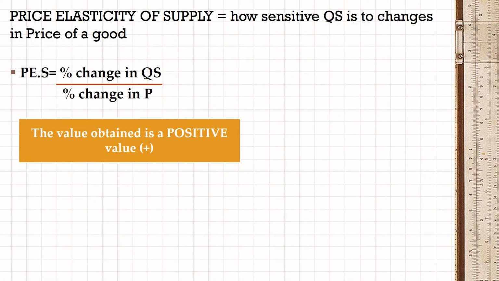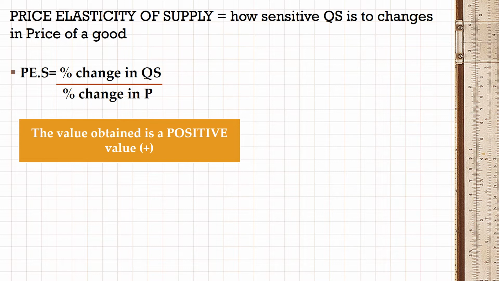It's the final topic of this chapter, which is price elasticity of supply. The concept is quite similar to price elasticity of demand, but the focus has switched. In price elasticity of demand, our focus was on buyers and consumers, whereas in price elasticity of supply, our focus switches from buyers and consumers towards firms and suppliers.